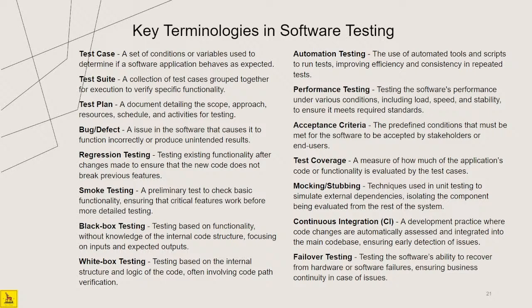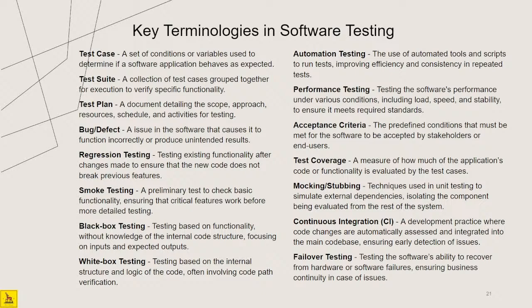We have test case, we have test suite, we have test plan to understand the scope of our tests. We can have terms such as bug defects to understand what our bugs are and what we should be checking for. We have regression testing to test the overall functionality to ensure new code doesn't break previous code.